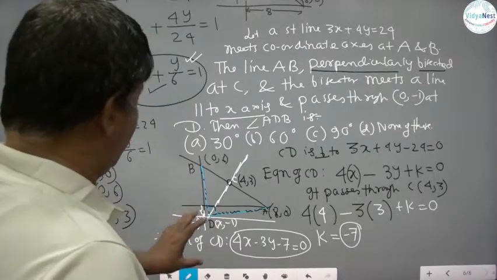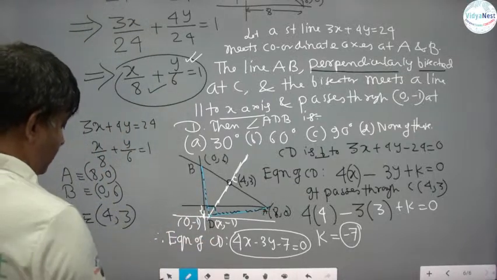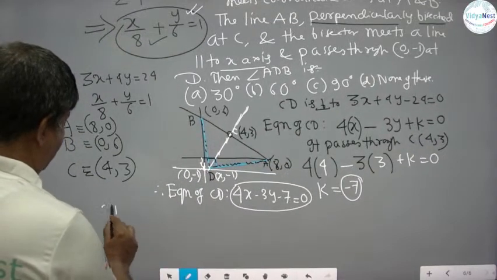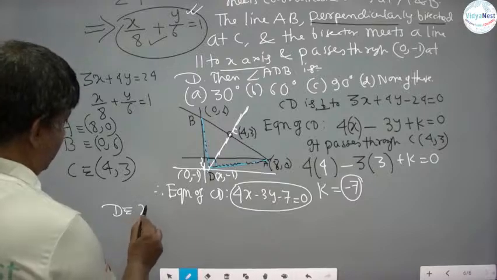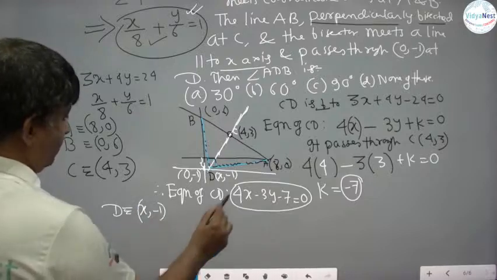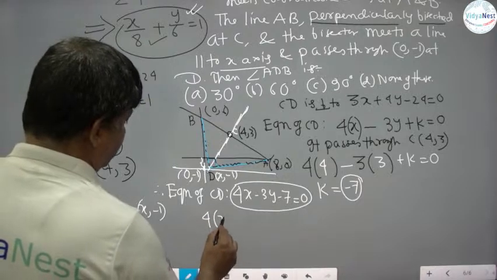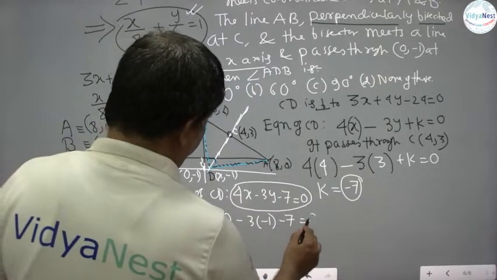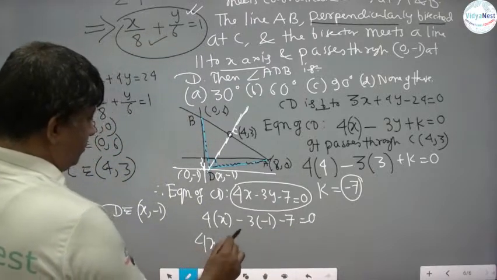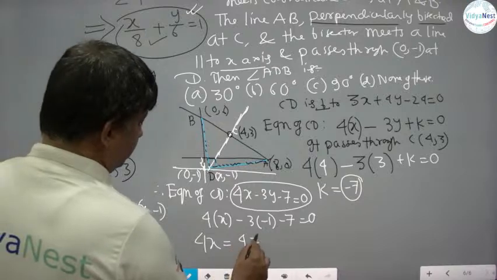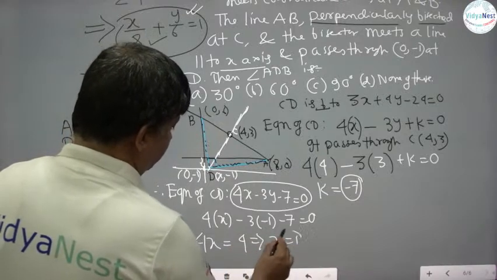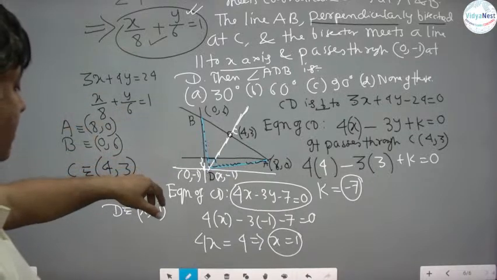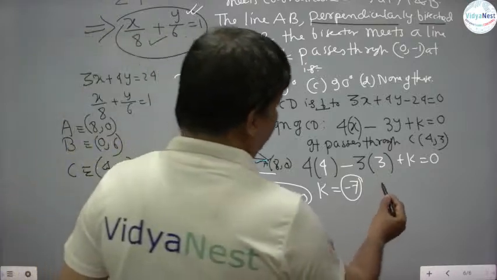Okay, so CD we have got. Now D is (x, minus 1). Put here in 4x minus 3y minus 7, and x is equal to 1. Once you get x is equal to 1, we have got point D.